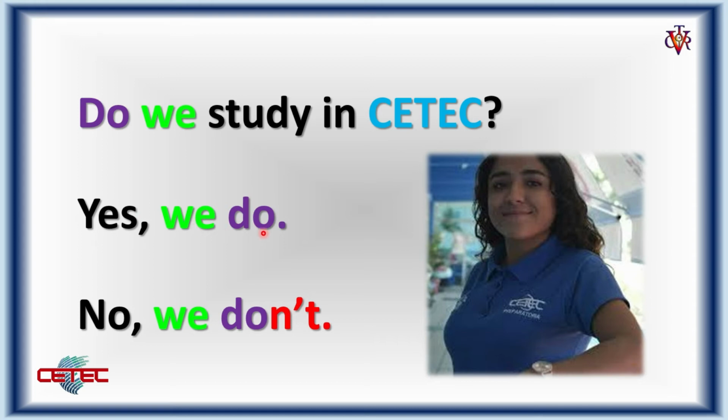Yes, we do. Now, in this structure, yes, we have to use do, because now we're mentioning we in general. Do we study in CETEC? Yes, we do. No, we don't. In this case, yes, we do. We study in CETEC.